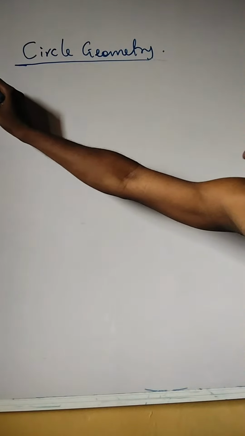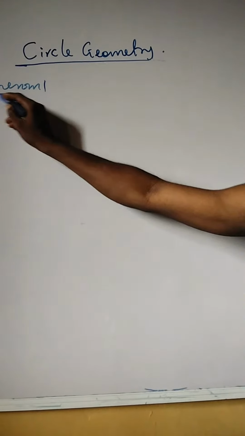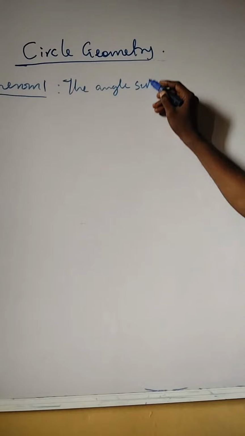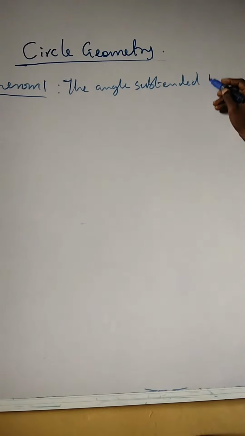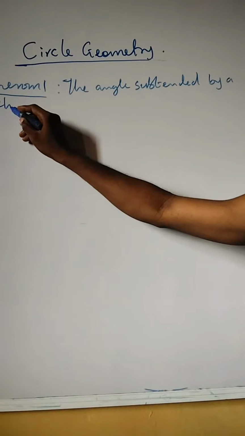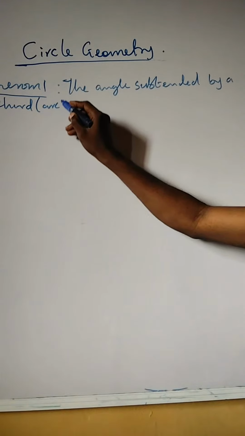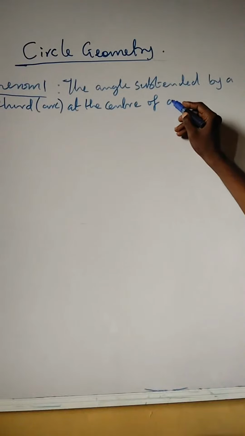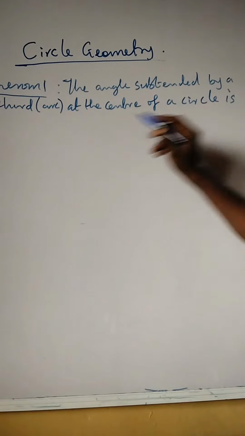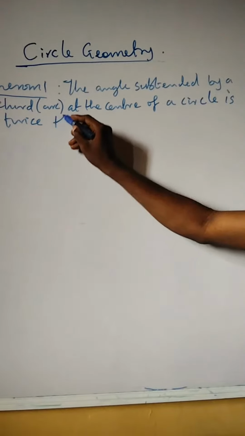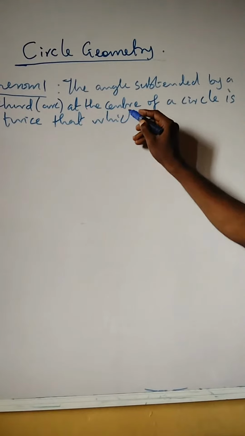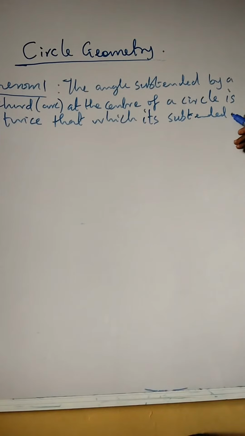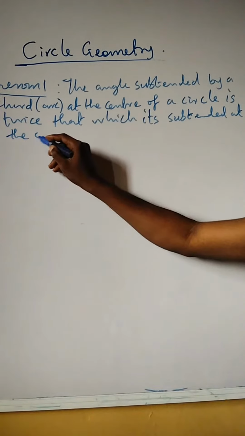Theorem 1 states that the angle subtended by a chord or arc at the center of a circle is twice that which it is subtended at the circumference of the circle.